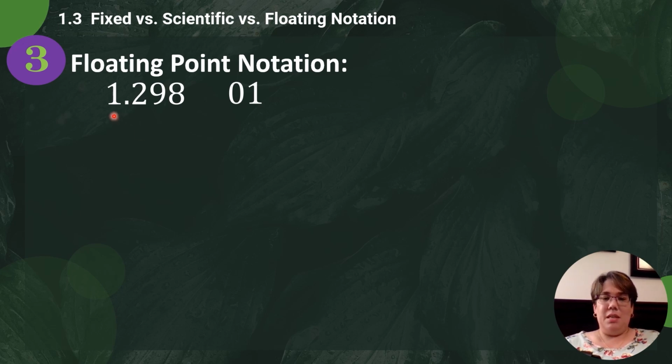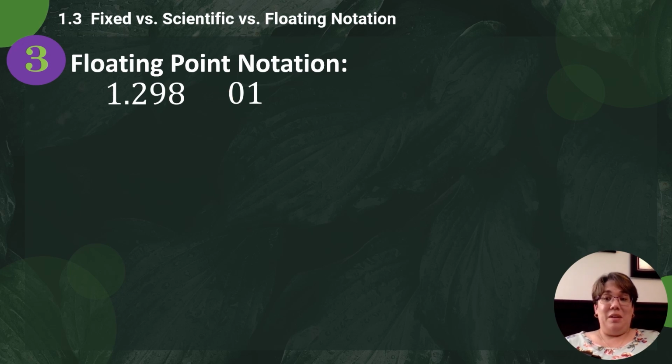It'll look something like this, or it may have 1.298 and a plus 0.01, or it might just say plus 1, or it might say a minus 0.1 or a minus 1.